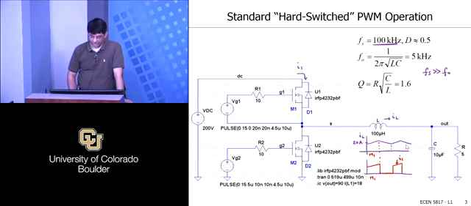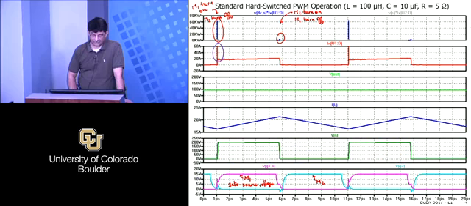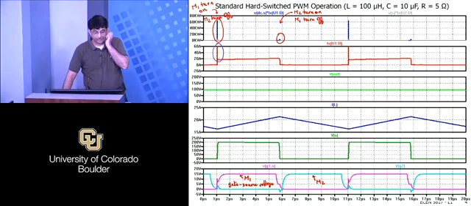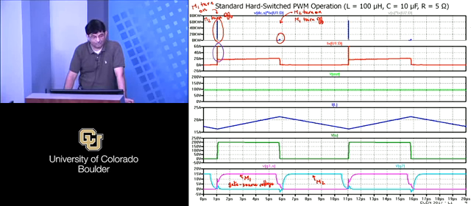In that case, we found that we had a large energy going into the M1 device when M1 was turning on and M2 was turning off, and also some smaller amount of energy going into the M1 device when M1 was turning off.